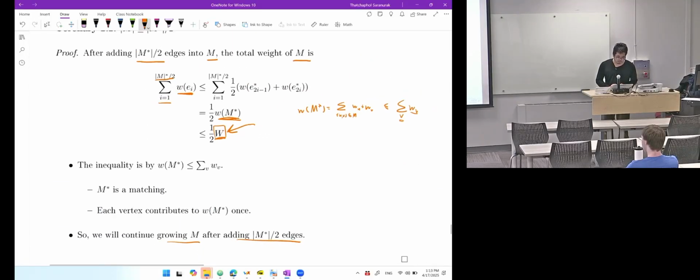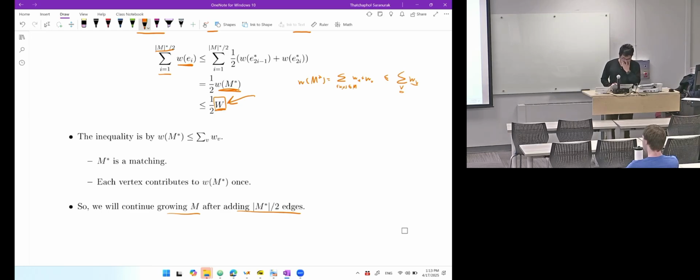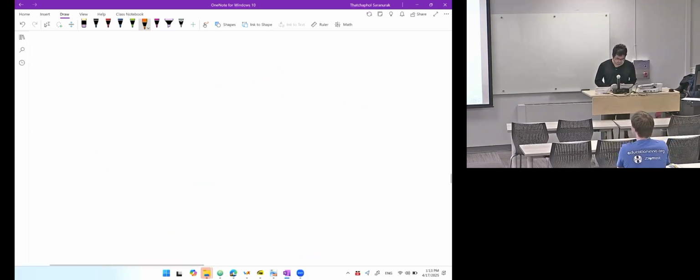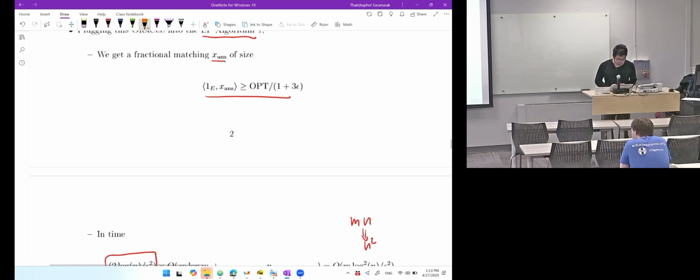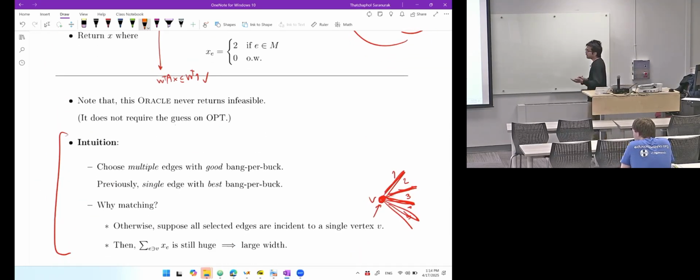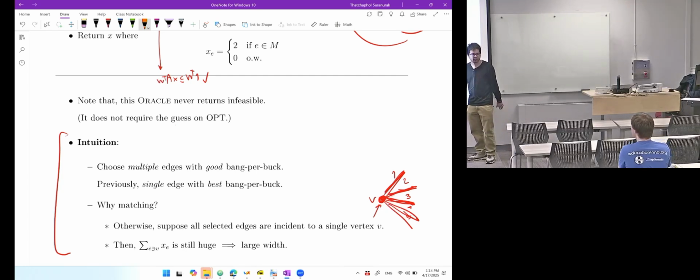Okay. So what do we get so far? We see that many times you can try to come up with a better oracle. Not just the best bang per buck oracle, which is a standard way to do things, but many times you can try to not focus on just one edge, but add more.